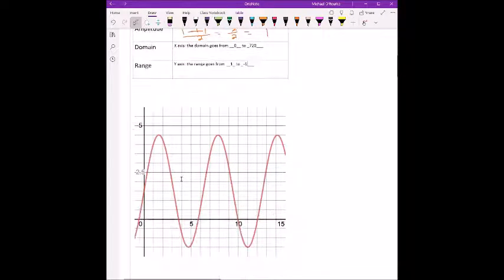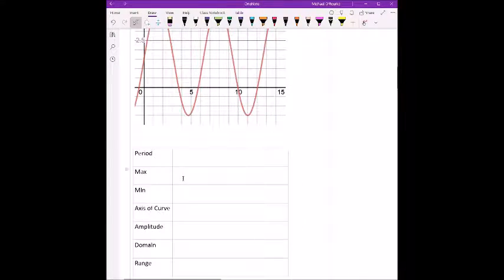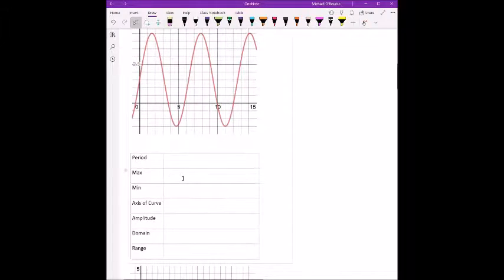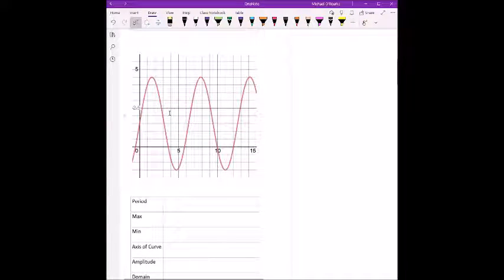Good. Now let's do this one here. Okay. This one's shifted around a little bit. Now these are 1, 2, 3, 4, 5. Each one of these are ones. Okay? And each of the vertical lines are 0.5s. I'll write that in there. Oops.